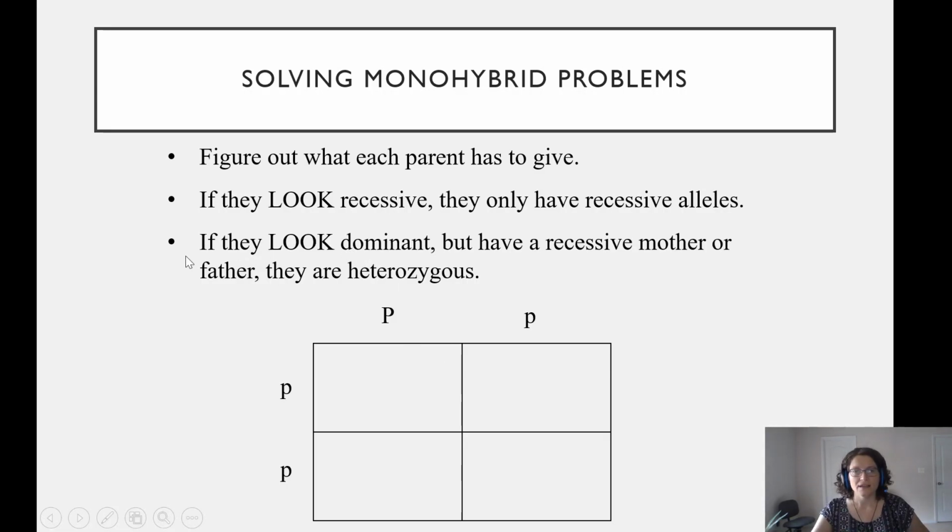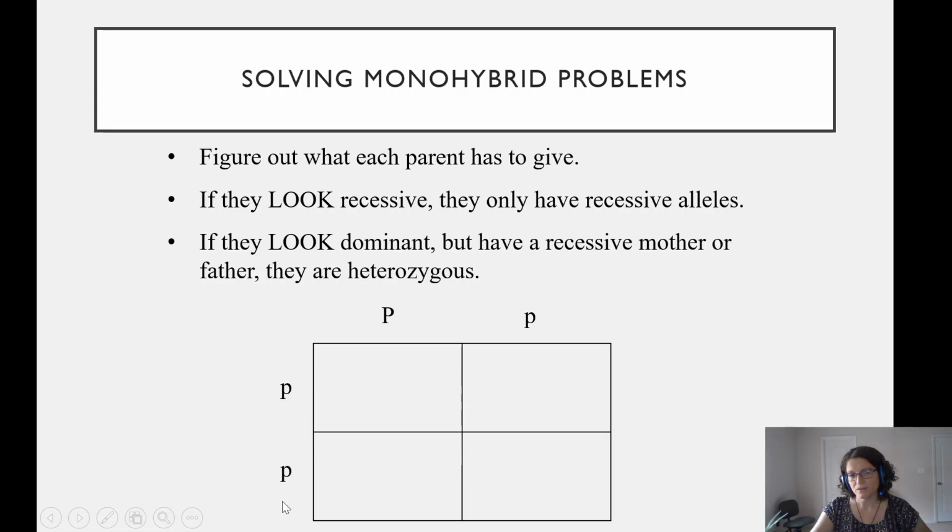So if they look dominant, but you know that they have a mother or father who expresses the recessive gene. If you have brown eyes, but you know that your mother has blue eyes, you know for sure your mother must have given you one of her blue alleles. But if you don't express the blue allele, it means you have one copy of the dominant. That means that they are heterozygous.